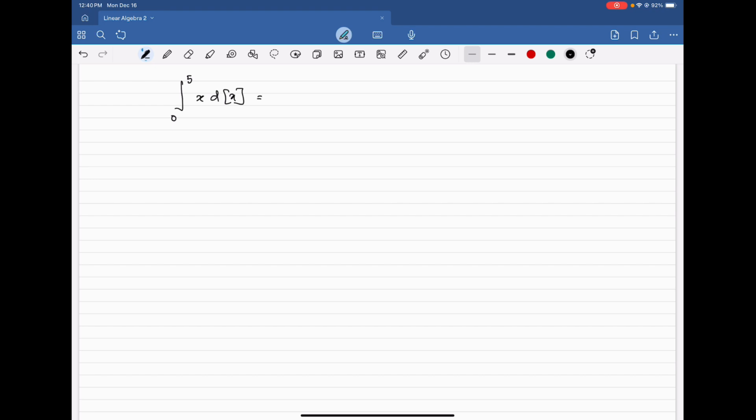Whereas in a continuous function, it is an antiderivative.